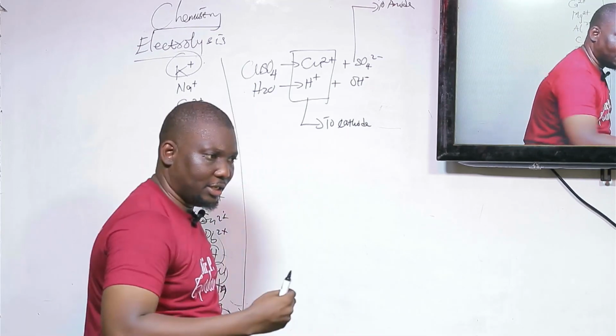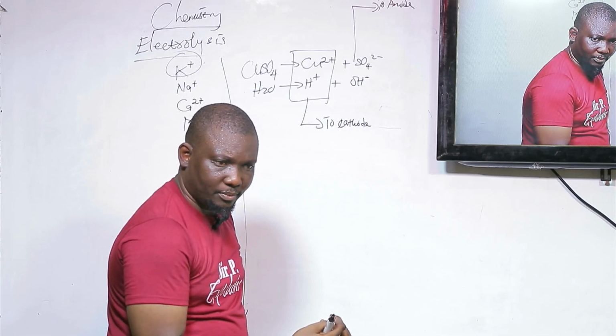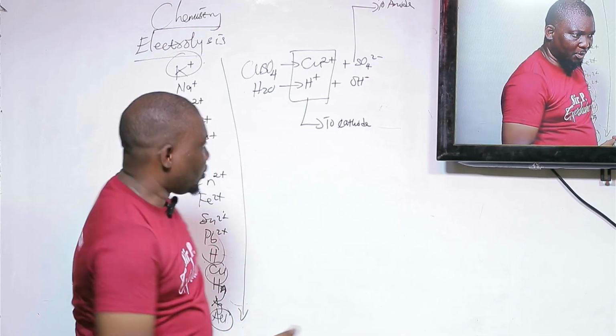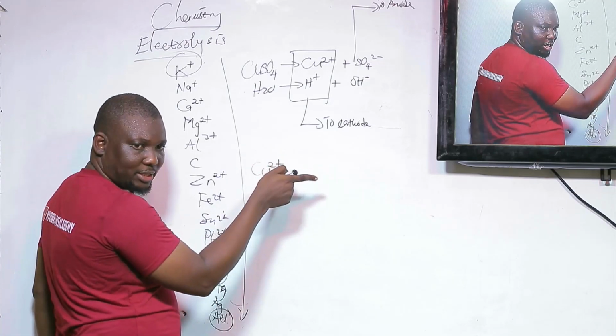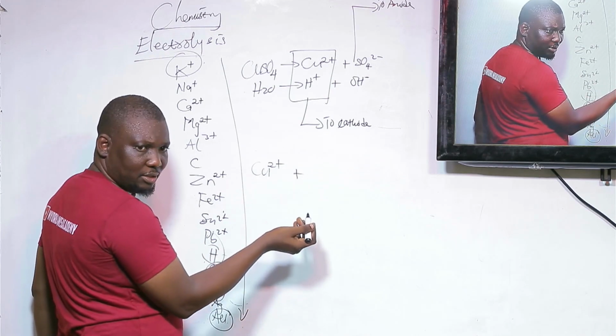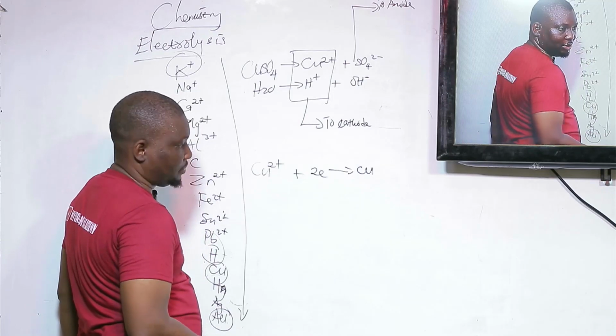So when copper goes to the cathode, it migrates there to gain or lose electron, because it's going to reduce to what? Gain electron. Are you with me now? So in that regard, copper migrates, but on reaching that particular electrode, which is the cathode, it gains how many electrons to reduce? 2 electrons, and then it is now reduced.